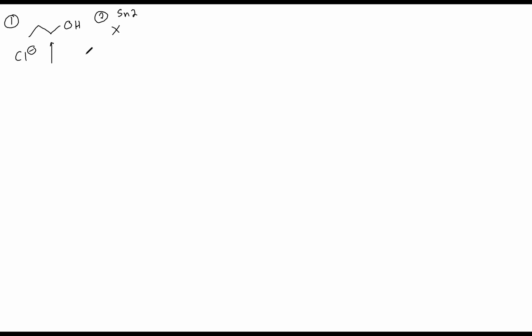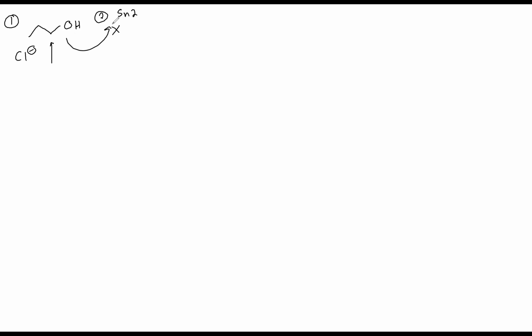And remember, we used OH minus, which means it's going to be a strong nucleophile, so it's going to be Sn2. Okay, so again, Sn2 does not like polar protic solvents. We're going to assume that this reaction here is Sn2.